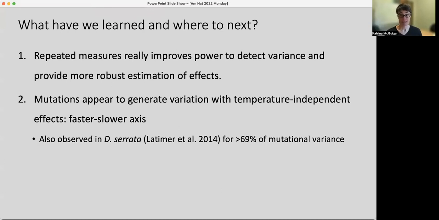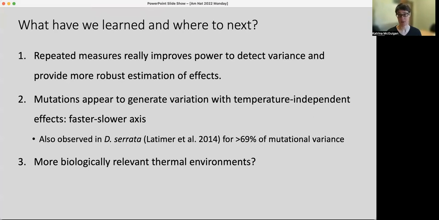We found that mutations had environmentally consistent effects across all temperatures, and that's similar to what was found previously by Latimer et al. in Drosophila serrata, where we saw that most of the mutational variance again was that kind of you're fast or you're slow, doesn't matter what the temperature is, although they did find other mutational effects in that experiment.